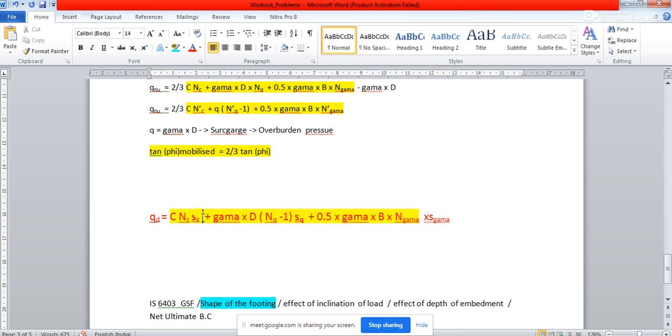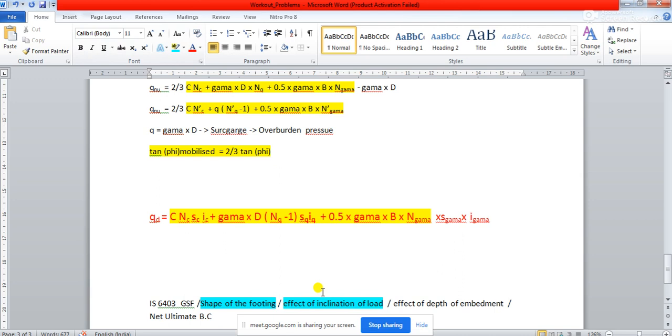We will be writing here IC, so inclination factor we will be writing like IC, then here we will write IQ, and here we will write I gamma. Okay, so these three factors are going to take care of the inclination of the load.